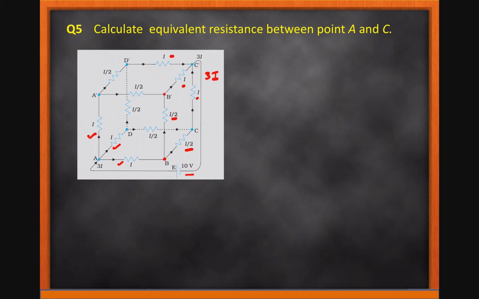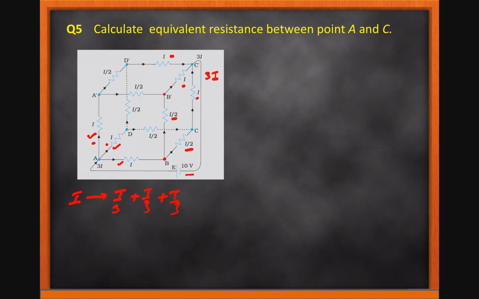So current entering is equal to current leaving. In all electrical circuits, always remember this concept: the current entering should be equal to current leaving. You can take any values. If you take I here instead of 3I, it will divide into 3 parts, meaning I by 3, I by 3 and I by 3.